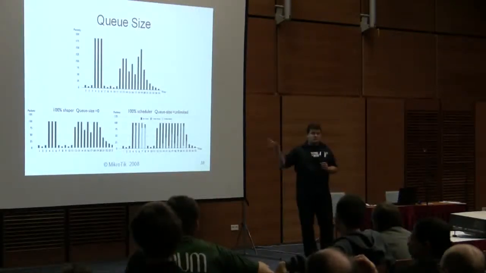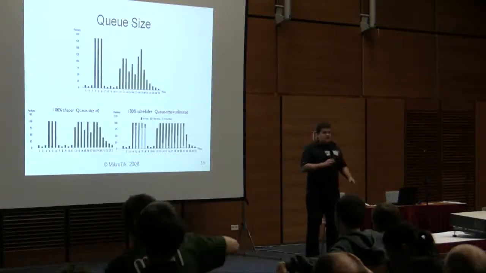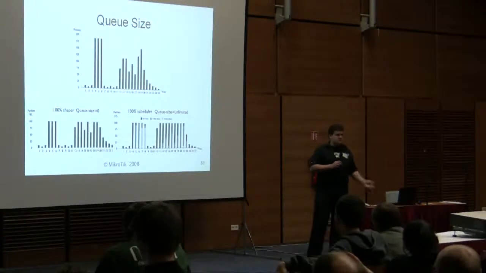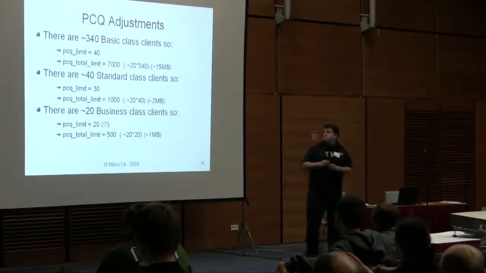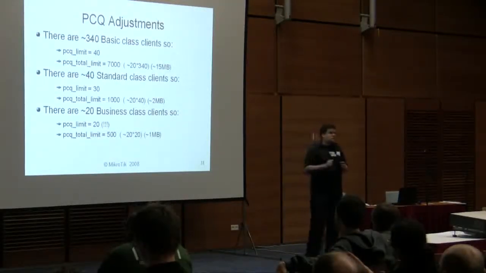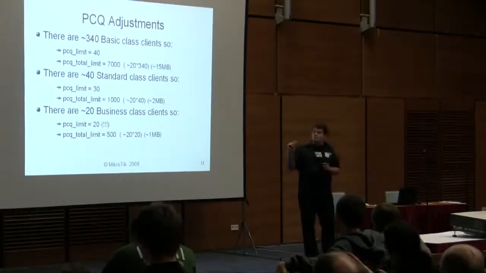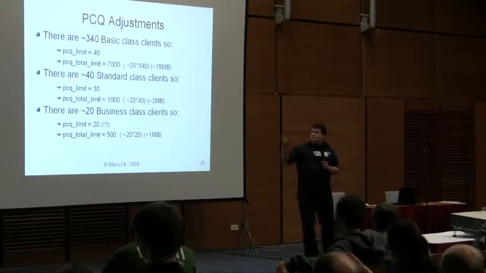After that, you should understand that 10 to 20 packets per client in PCQ should be sufficient. Maybe in your case, you need something else. It always depends on something. In my setup that we are discussing, as we have around 340 basic users, the PCQ limit we will set to 40. 40 times 340 is around 7,000.